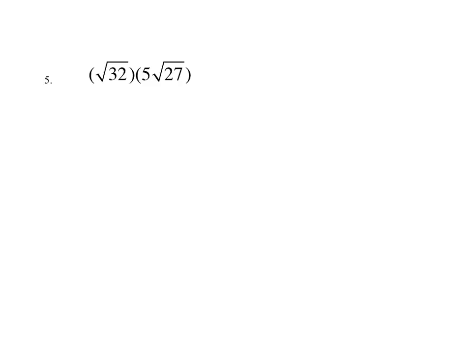Next example, square root of 32 times 5 square root of 27. Again, we'll try to simplify our radicals here. In 32, we've got the perfect square, 16, 2 times. This will become 4 square root of 2. 27 has a perfect square of 9, 3 times.